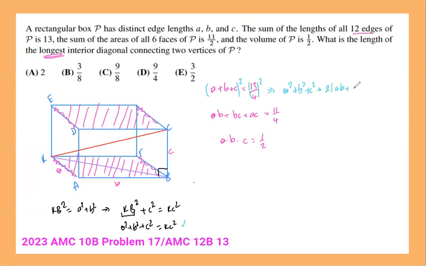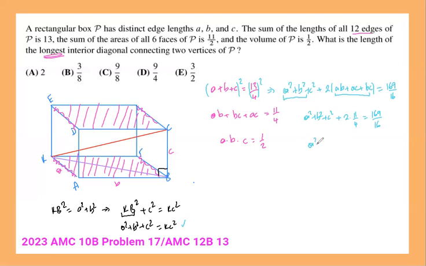So that should be 2AB, 2AC, and 2BC, and this is equal to 169 over 16. So this is what you want, and we already know this guy is 11 over 4. Maybe we should have just left it that way because it's just 1 over 2 with 2 copies of those anyway, but I just divided by 2 at the beginning. So A squared plus B squared plus C squared plus 2 times the product, which is 11 over 4, is equal to 169 over 16.